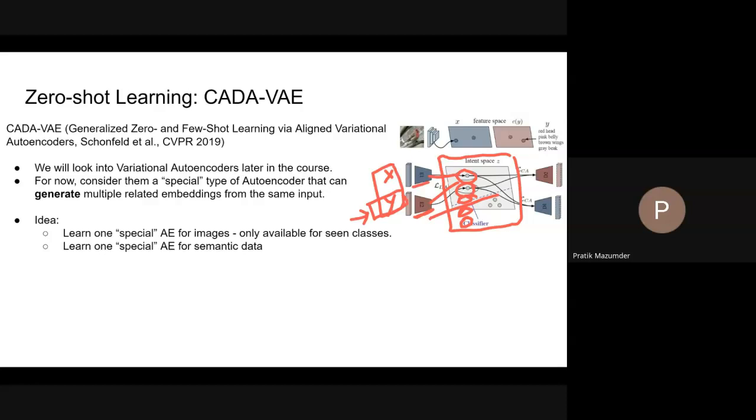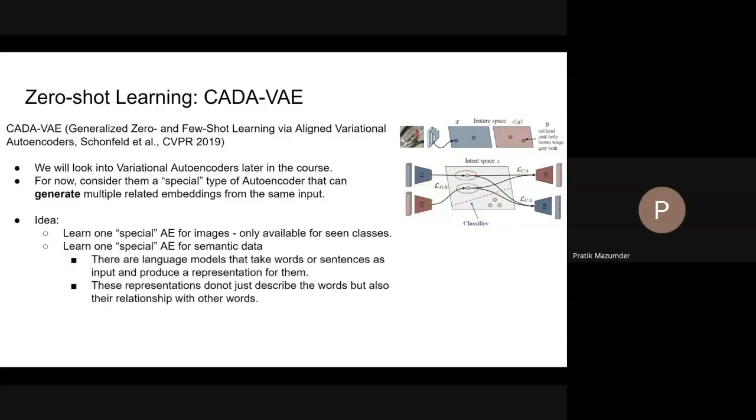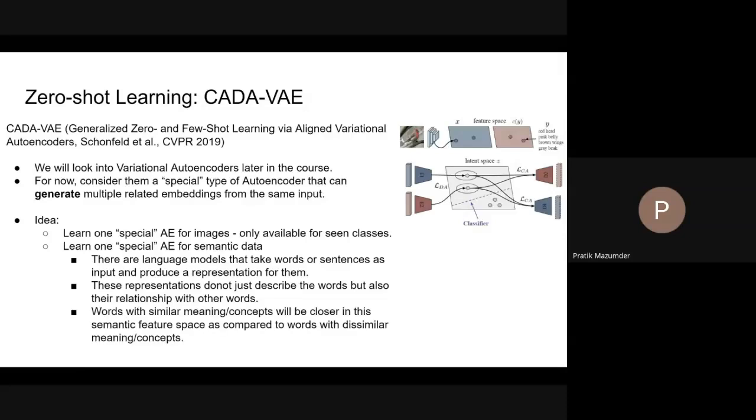And since you have the semantic vectors for all the classes, it will not matter whether you have the images for the unseen classes or not. You will still be able to train a comparatively good classifier even without access to any training samples. Okay.